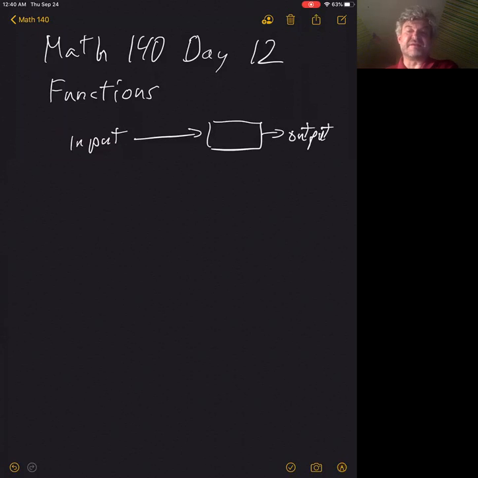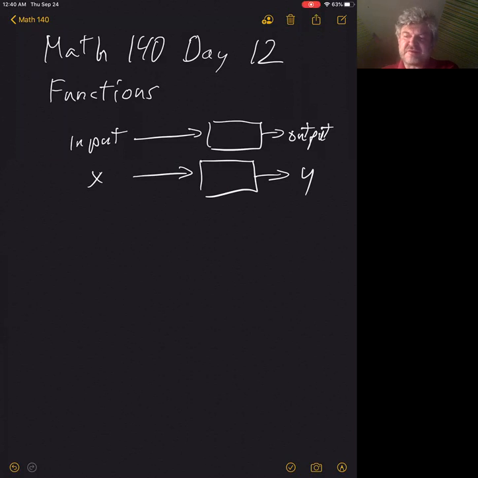Because we're dealing with numbers, we will have a one-letter name, which as a standard would be X. You put that into some kind of black box, and the output as a standard would be named Y, but it doesn't have to be X and Y. It can be U and V and A and B, whatever.